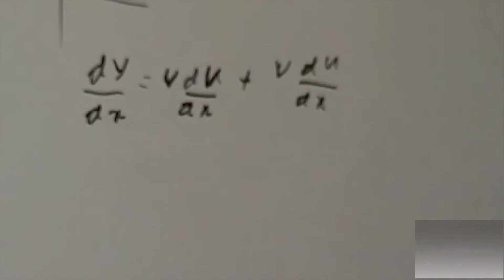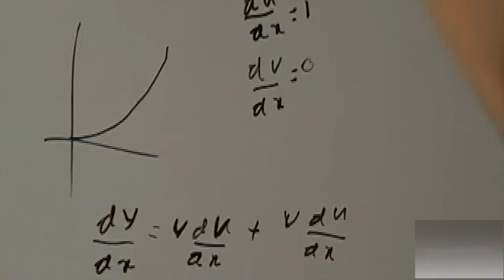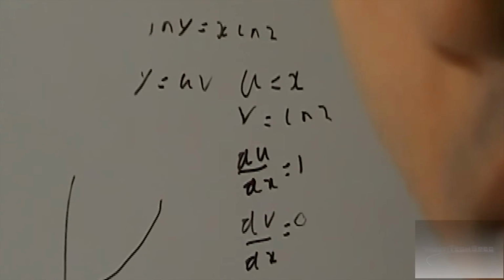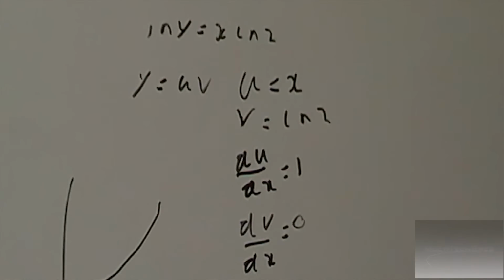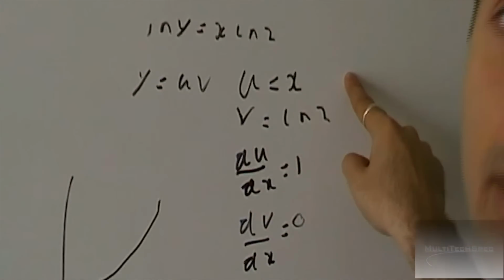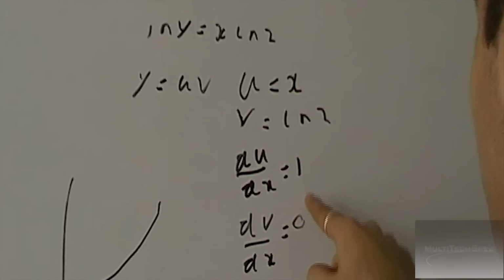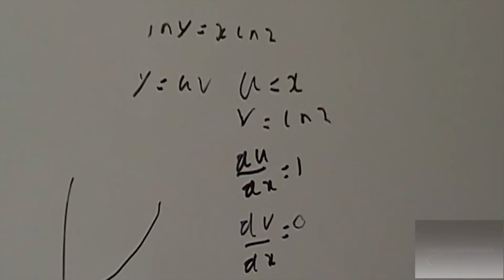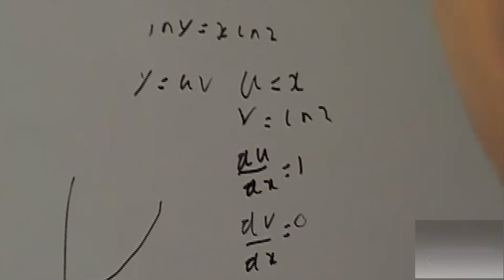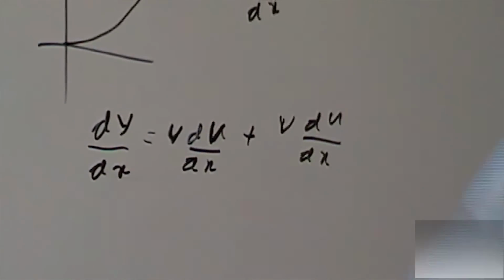Now, if we go back and see the numbers that we've found from this equation, we have found that u is equal to x, v is equal to ln 2, du by dx is equal to 1, dv by dx is equal to 0. So now what we need to do is put those values into this equation.